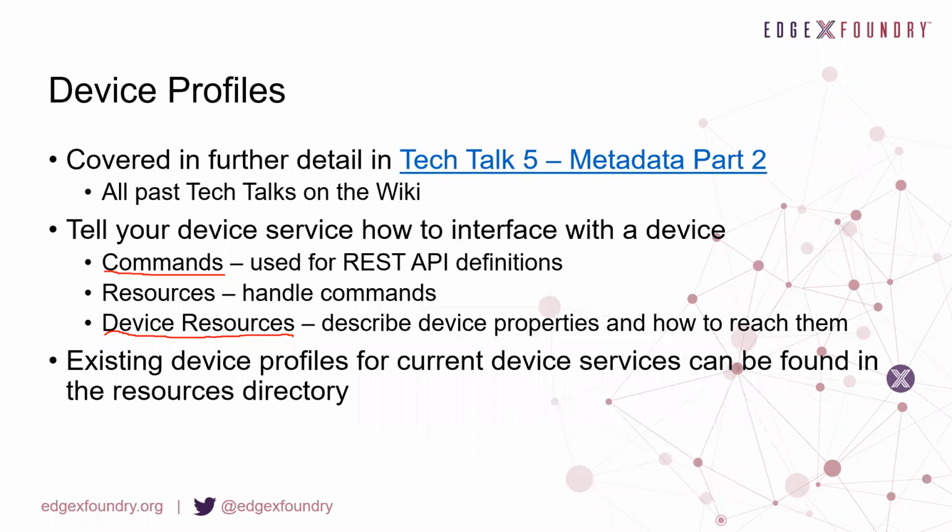All of that can be defined in the properties of the device resources section. As a quick note, all of our device profiles for the current device services are out there in the source main resources directory. Some of the services have 3 or 4, some of them have 1, but we do have reference profiles out there for all of our services.